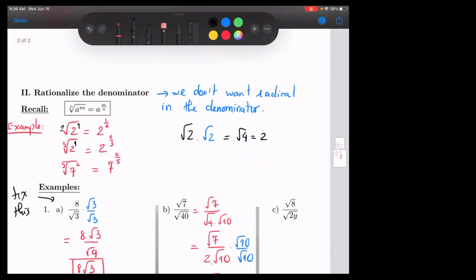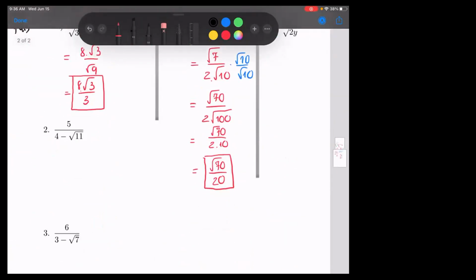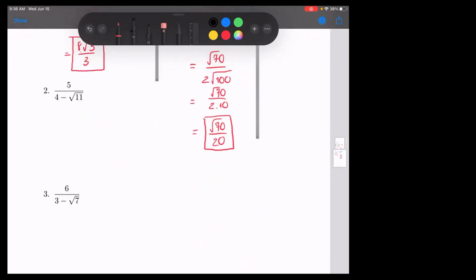Is that all we have? That's all we have.